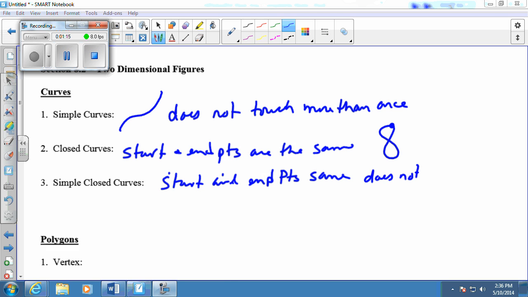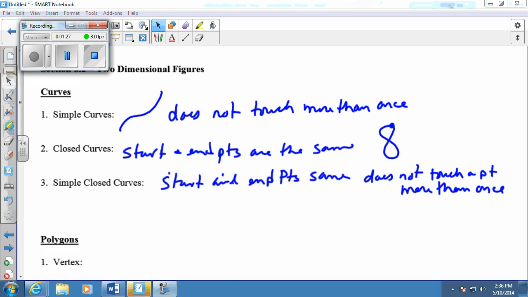So how does this look different than the figure eight? Starting and ending are the same, but in no other case does it touch the curve more than once.